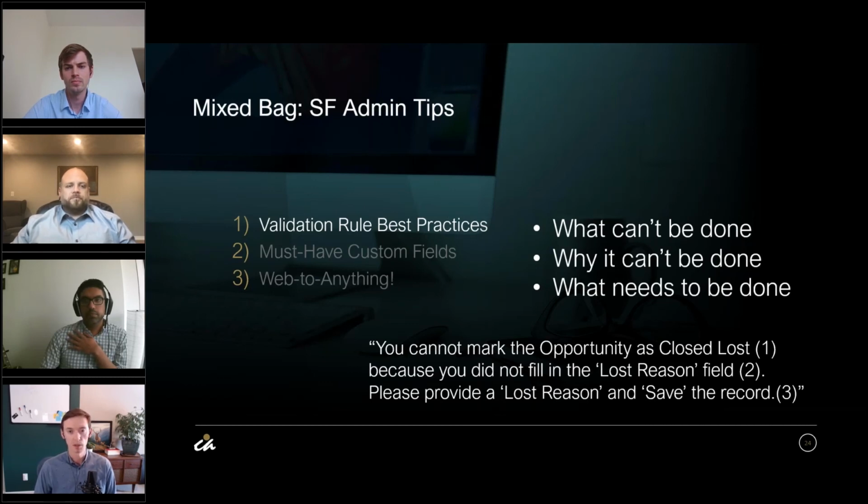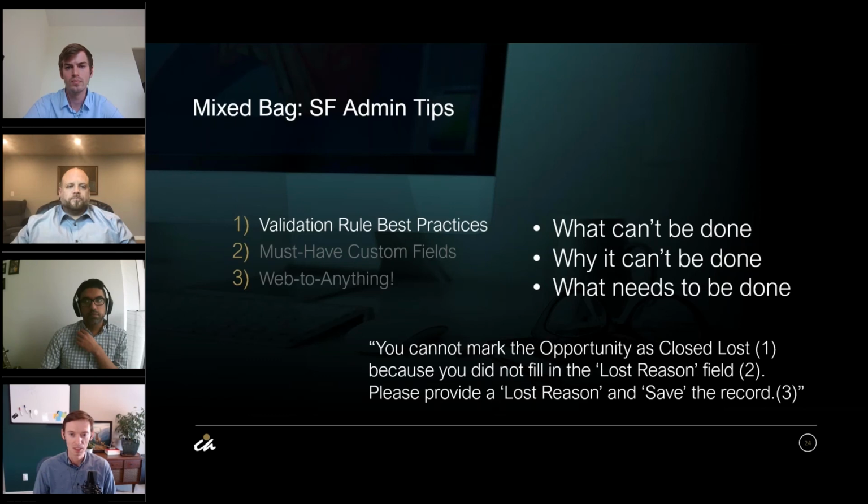So an example of that being, let's say there's a validation rule that prevents somebody from setting an opportunity to close lost unless there is a lost reason field populated on the opportunity. So the message, as you can see on the screen, would be something like, you cannot mark the opportunity as close lost because you did not fill in the lost reason.